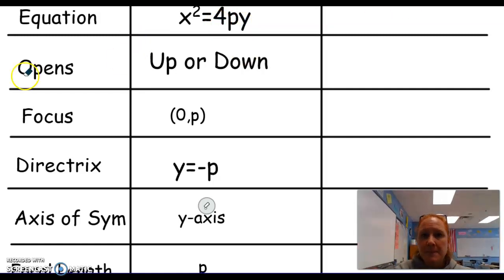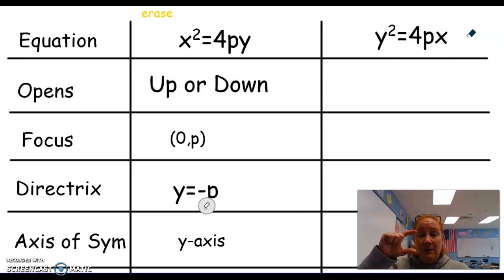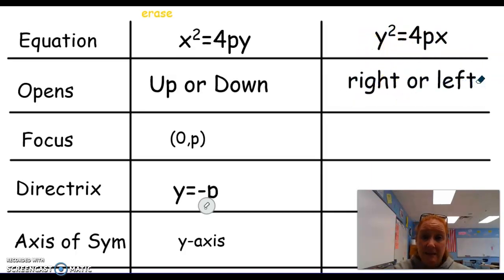All right, what if we had y squared? I always recommend making it with your body, just to make sure that your body knows what to do, because then your brain will know. So this one, since it's y squared, opens side to side. The focus, you still use the letter p, but that comes in the x coordinate.